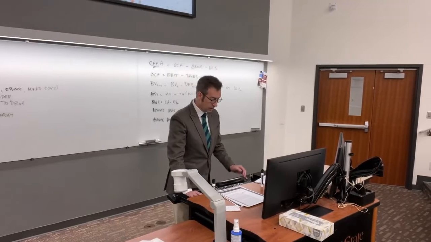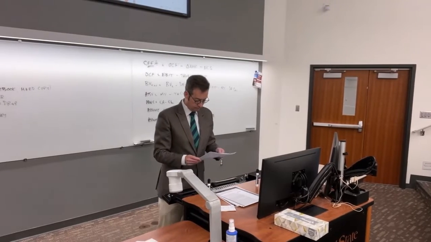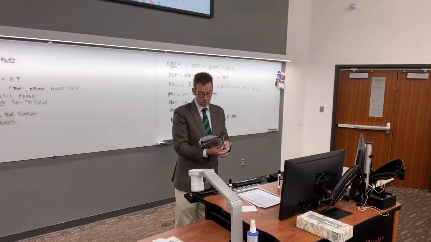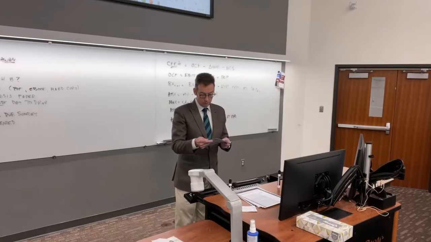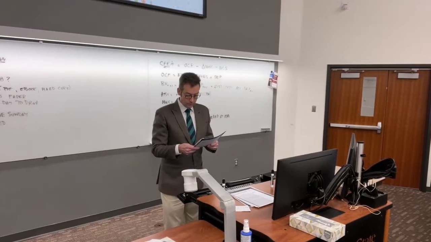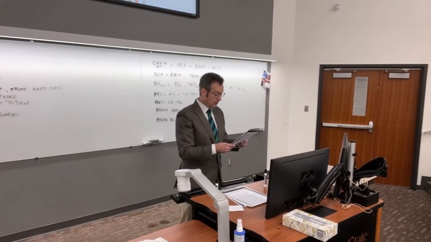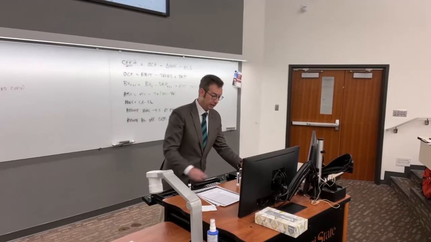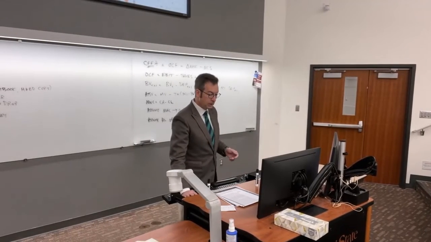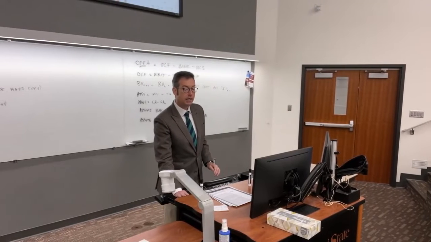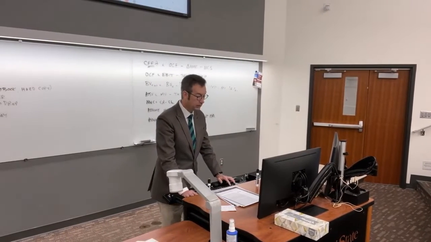Okay, let's see what else they tell us here. Now they start talking about the bowling ball machine. So let's actually start talking, let's put together our net capital spending, start working on it.